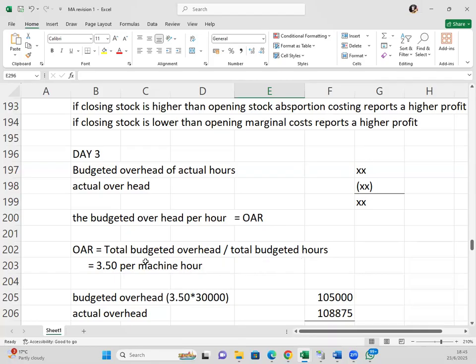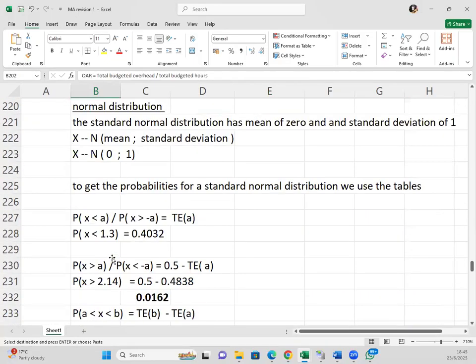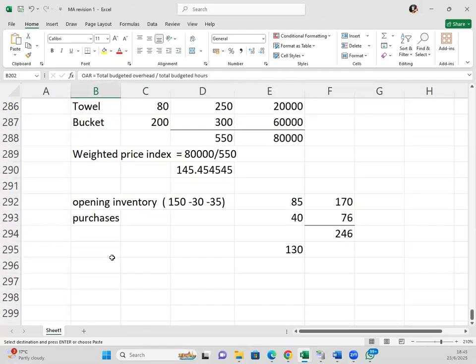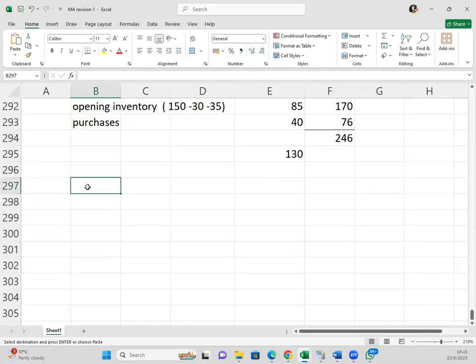So what I want you to take note of is this formula here. Let me copy this, and bring it here. So the formula is saying OAR is equal to what?